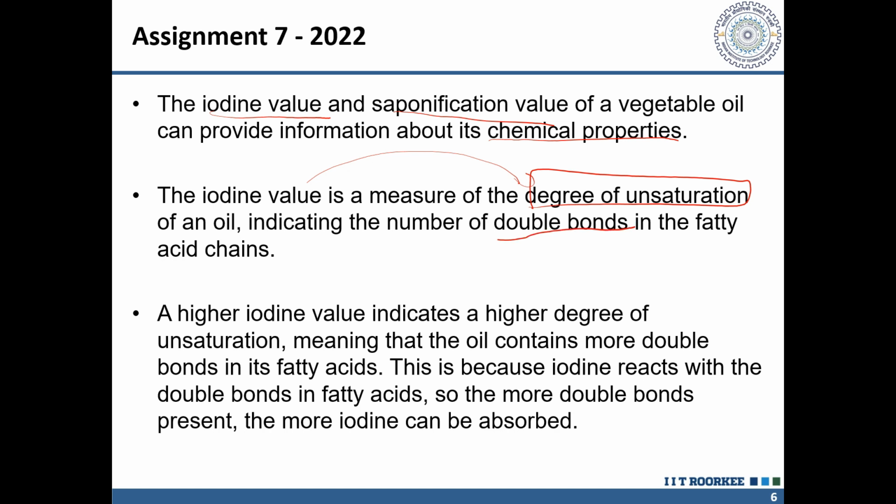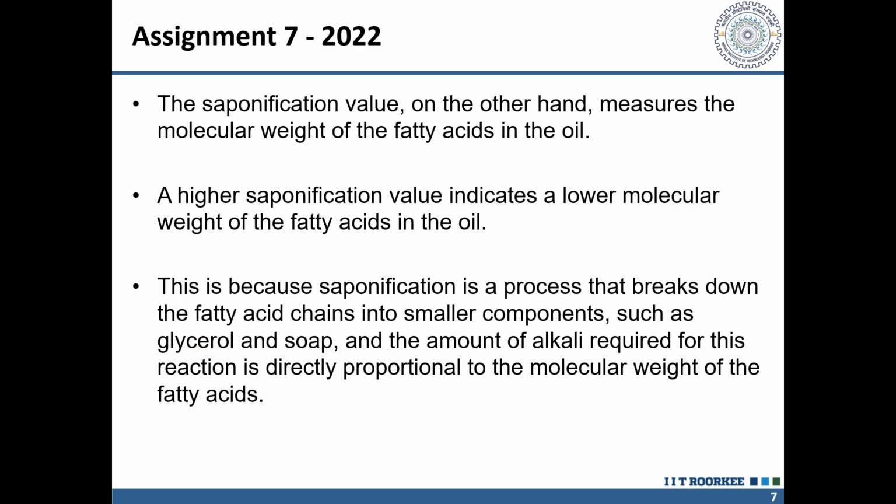The higher the iodine value, the higher the degree of unsaturation. This is because iodine reacts with double bonds in fatty acids. So the more the iodine reacts, the more double bonds there are. Therefore, the higher the iodine value, the higher the unsaturation of your vegetable oils.